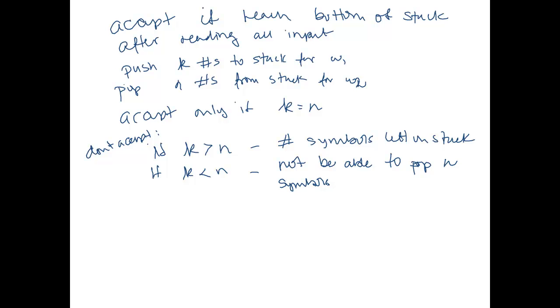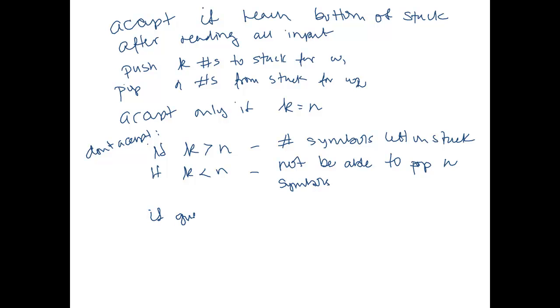Okay, so in this world, we're not going to be able to take some transition because it's going to require us to read a pound symbol on the stack, and it's not going to be there because we've already popped them all because K was less than N. We didn't push as many pound symbols as we needed in order to pop them all, so that's going to be a problem.